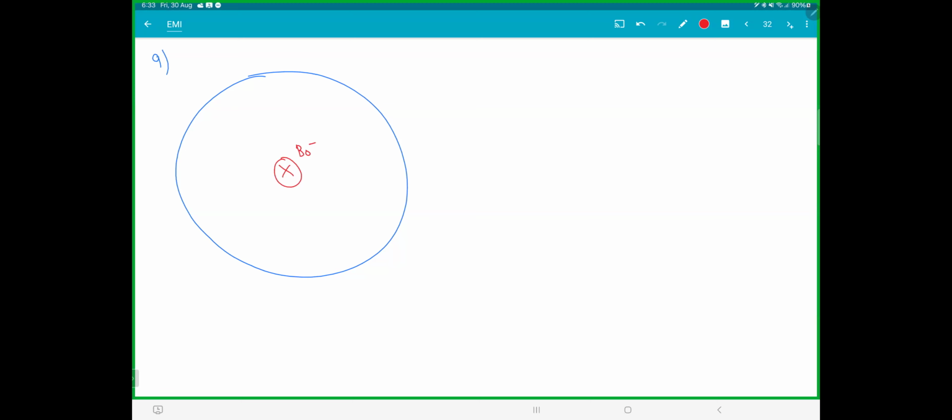The magnetic field is B naught T. The radius is A. It's a circular wire with uniform resistance R. So this point is A here. This point is B here. This part is angle theta. Find the potential difference VA minus VB.